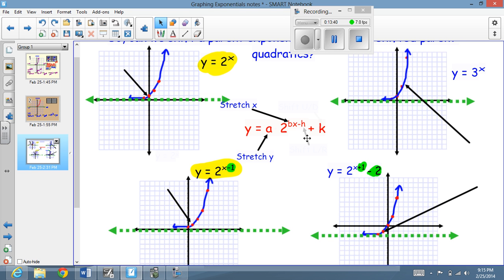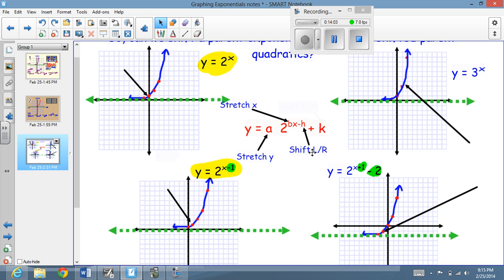Most importantly is this number that's after the x, just like the x minus 1 down in the bottom example, or the x plus 1. That shifts it left and right. So you'll notice in the second example, the one down at the bottom left, that thing got shifted to the right 1 unit because of the -1.